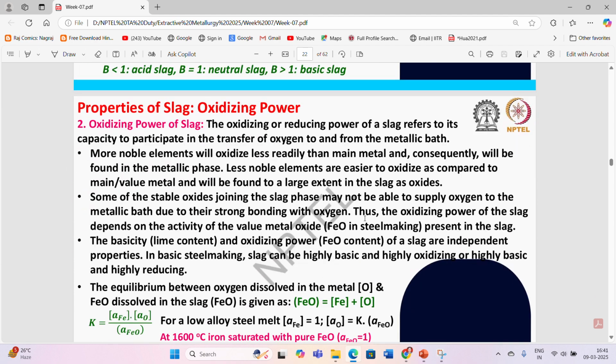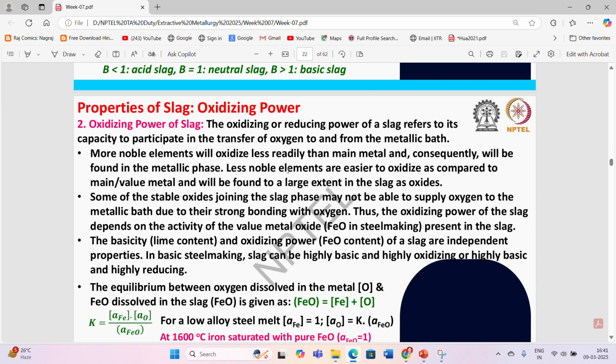Then, coming to the oxidizing power of the slag: the oxidizing or reducing power of a slag refers to its capacity to participate in the transfer of oxygen to and from the metallic bath. So, more noble elements will oxidize less readily than less noble metals and consequently will be found in the metallic phase.